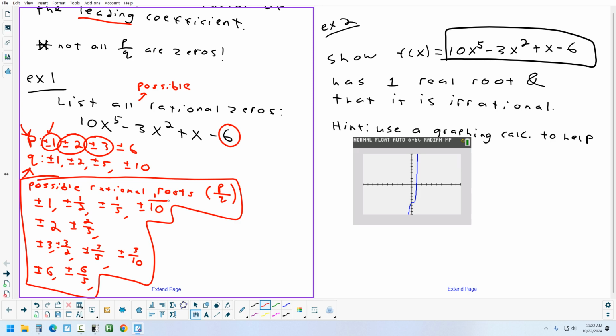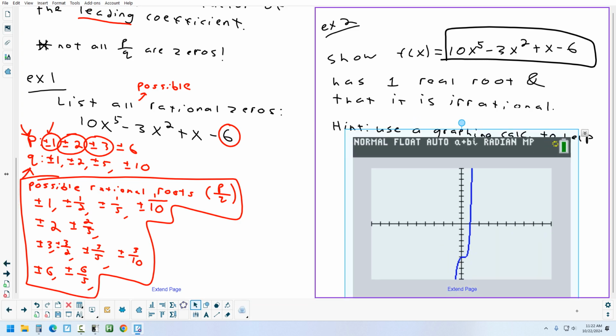Okay, so what I want to do now is look at this list and start to narrow down the ones that don't make sense. Where does it look like that graph crosses the x-axis? We don't know for sure, but it looks like it's close to what? Positive 1. So let's eliminate anything in this list that's not close to positive 1.